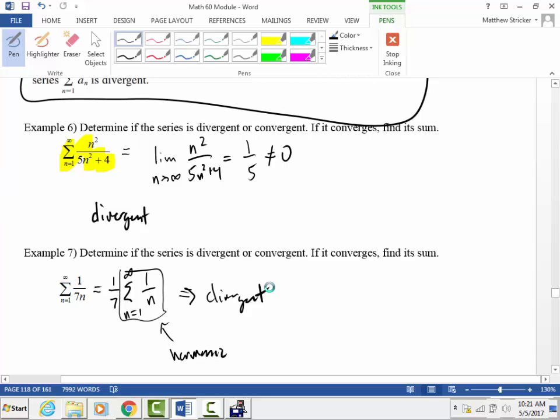So the main thing you're going to be doing in your lab is, if it is a geometric series, you're looking at r. If r is bigger than or equal to 1, it diverges. If it's less than 1, it converges. If it looks like the harmonic series, it diverges. And if it's not one of those and you suspect it is divergent, we could try the divergence test.